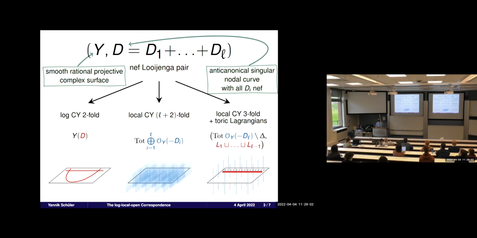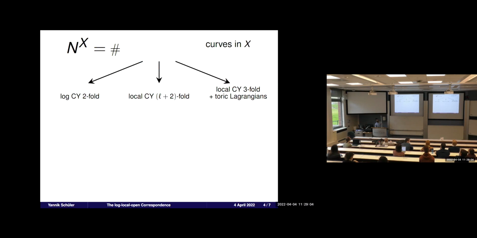Remark on that later. In these geometries we want to perform certain curve counts. I will use these numbers n, labeled by the respective geometry we are counting curves in. Just to say, I want the number of curves in a variety, that's not a very well-defined question.